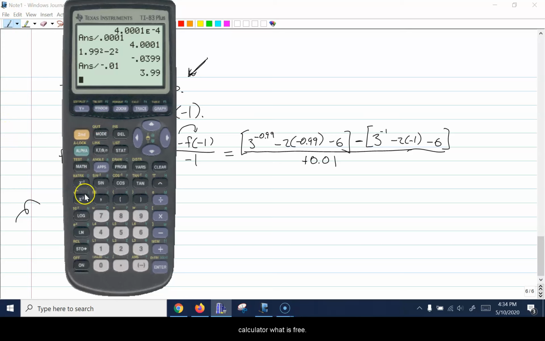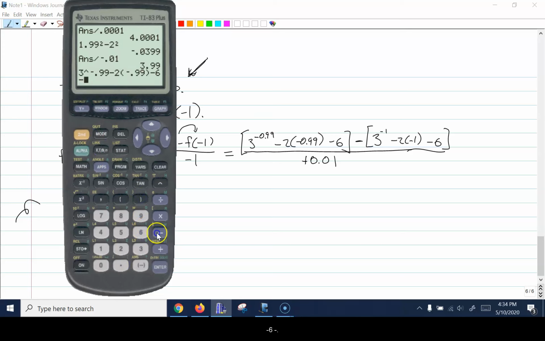Hey calculator, what is 3 to the -0.99 minus 2 times -0.99 minus 6 minus all of 3 to the -1 plus 2 minus 6.